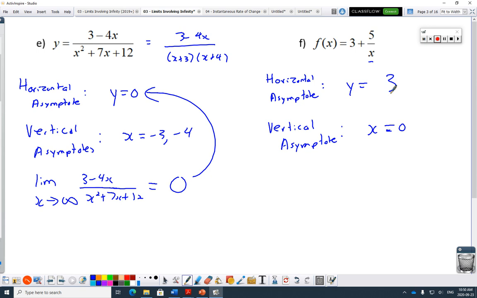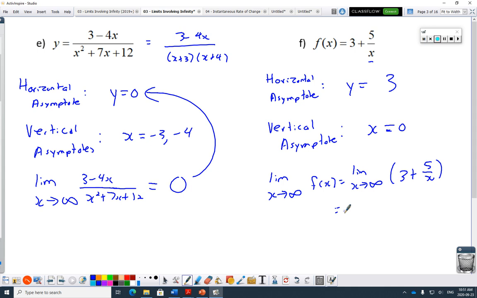Okay, and the last thing they wanted was the limits at infinity. And I'm telling you, once you've done your horizontal asymptote thinking, you've done your limit at infinity thinking. But I want to modify it a little bit. I want to go at it a different way to give you a more powerful weapon. If I go limit as x approaches infinity of f of x, what I'm really looking for is limit as x approaches infinity of 3 plus 5 over x.